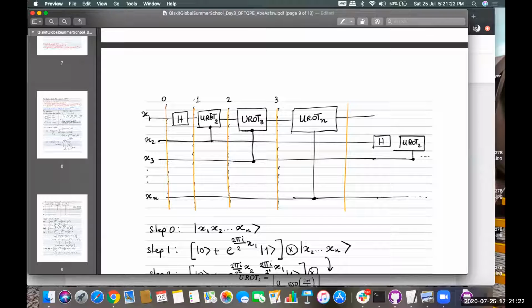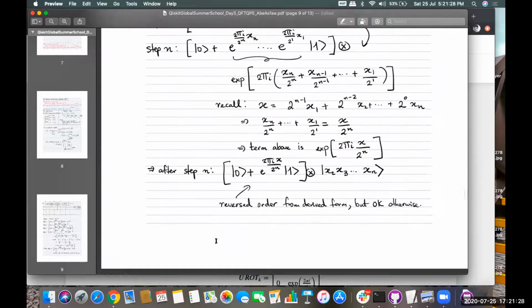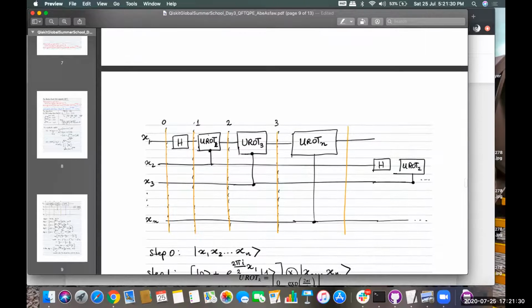This value is calculated by, again, this formula, 2 to the power 1 and so on, so that it keeps moving. Similarly, in the next step, we'll be applying another controlled unitary rotation gate to x3, and it goes till the xn qubit.